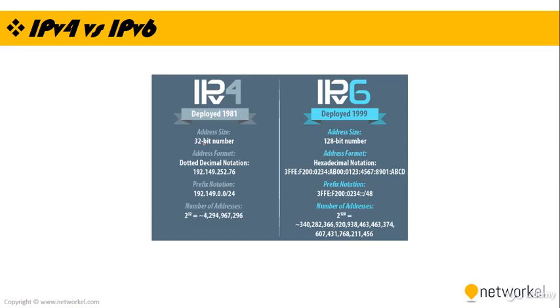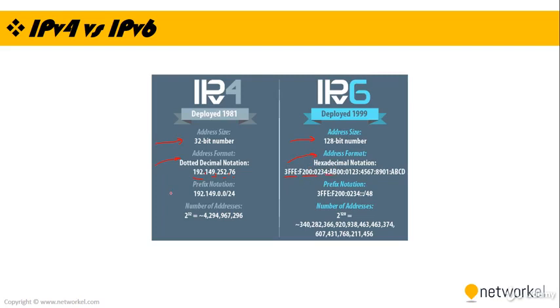Let's take a look at the differences between IPv4 and IP version 6. The first difference is address size. IPv4 is a 32-bit number, while IP version 6 is a 128-bit number. The second is address format. IPv4 is shown in dotted decimal notation, as you can see, there are dots between the decimal numbers, while IP version 6 is shown in hexadecimal notation.